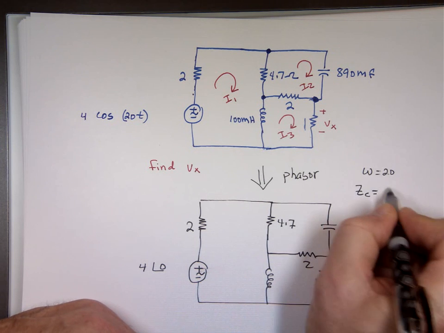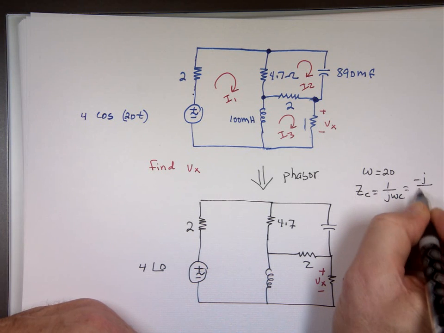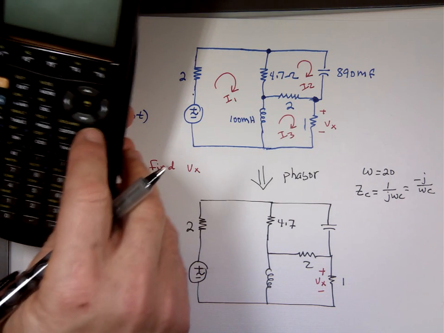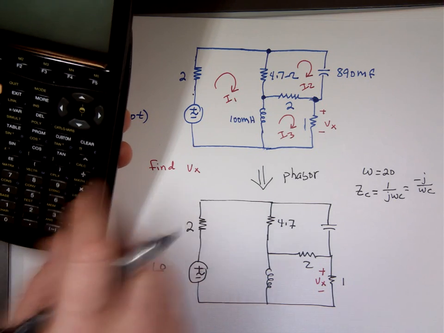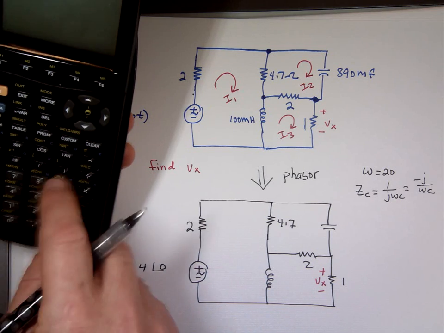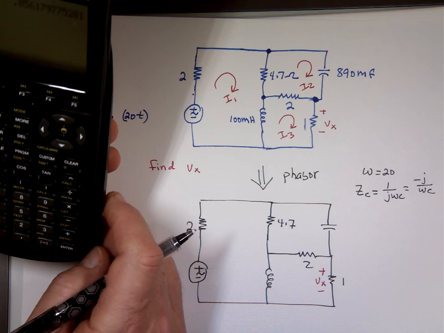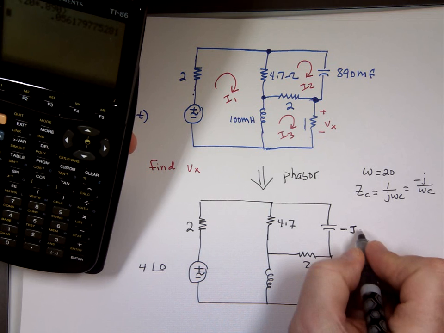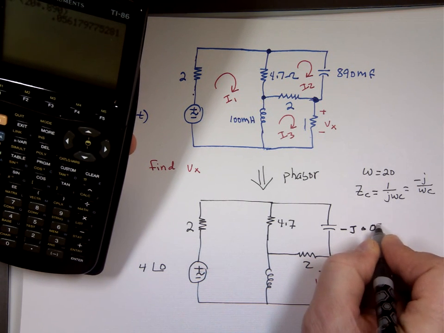The impedance of the capacitor is 1 over j omega C, or negative j over omega C. So if I take my calculator and plug them in, omega is 20, C is 0.890. 1 divided by 20 times 0.890. And if I did the math correctly, you can double check the math, negative j 0.056.